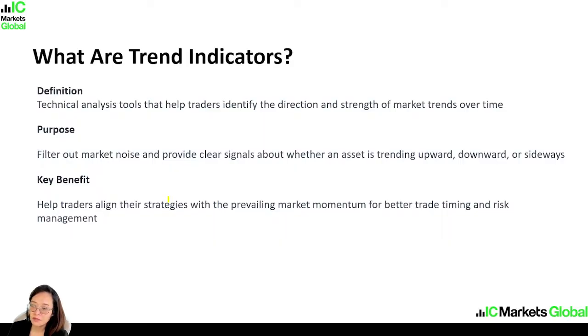The purpose of the indicator is to filter out market noise and provide clear signals about whether an asset is trending upward, downward, or sideways. The benefit is that it helps the trader align their strategy with the prevailing market momentum for better trade timing and risk management.